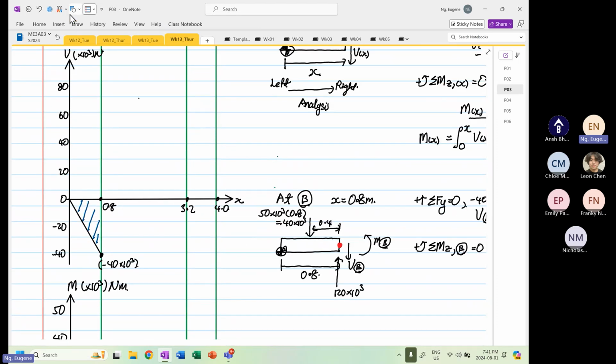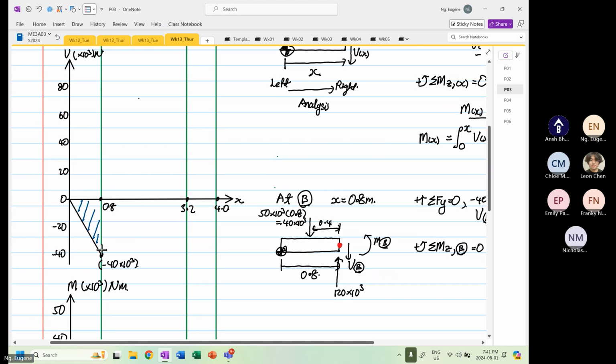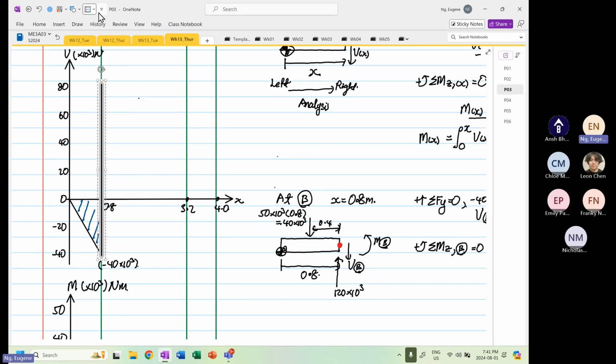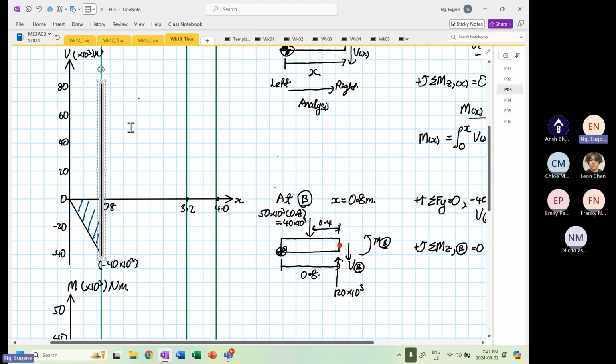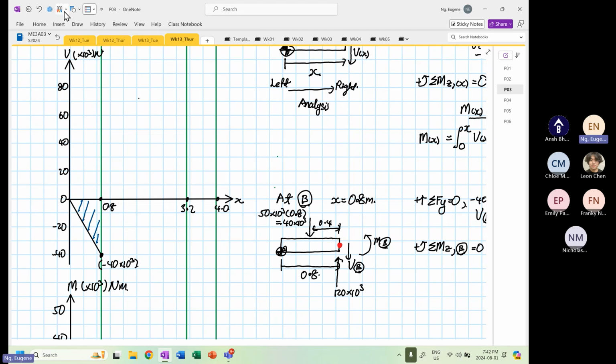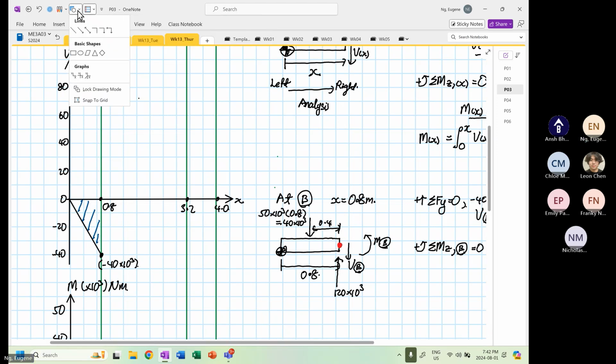So now I'm sketching our 80 vertically up, and you will stop at 80.